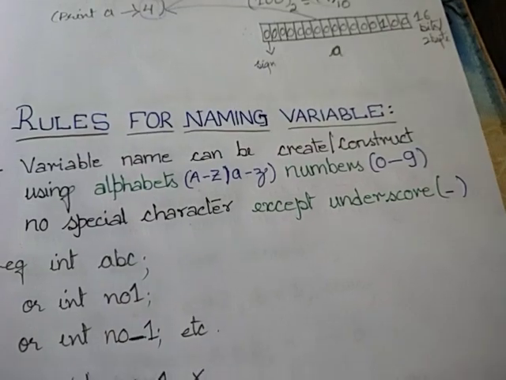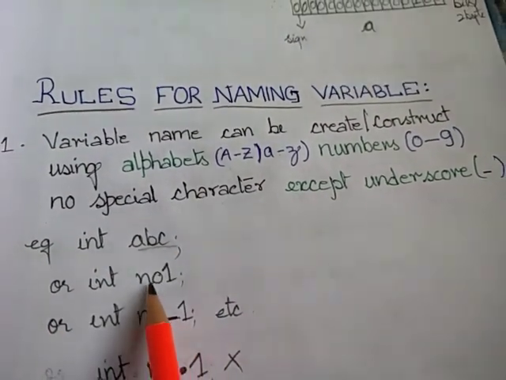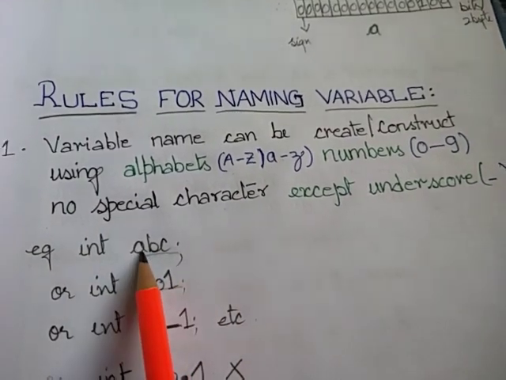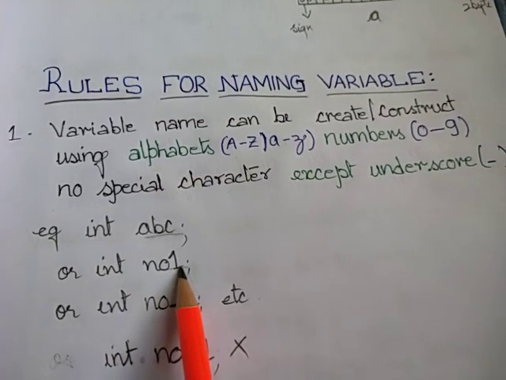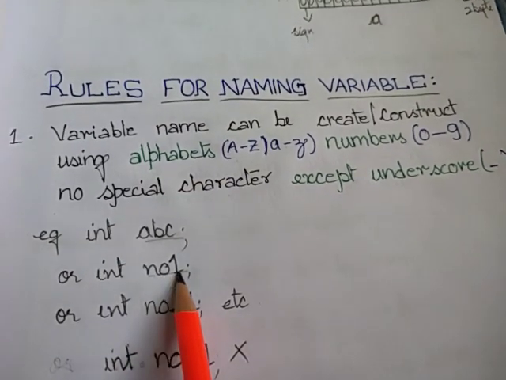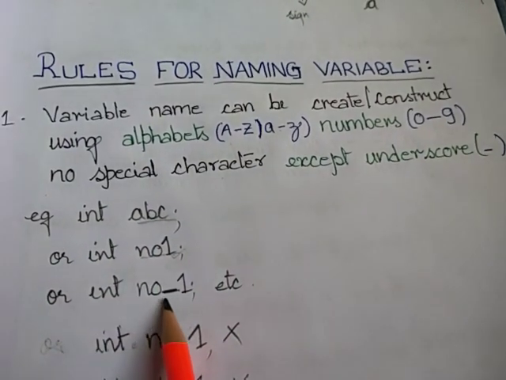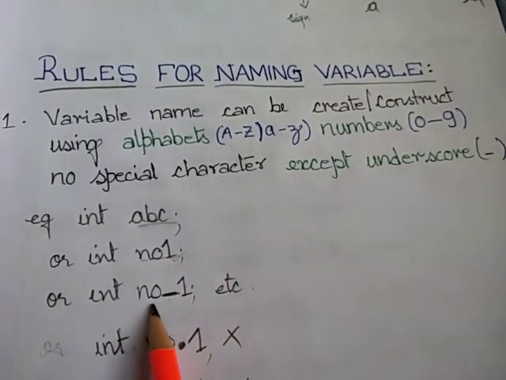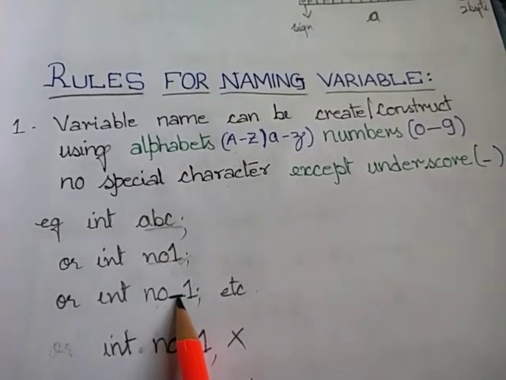So for example, we can give the name of the variable as ABC, NO1. Here ABC is alphabet, NO1 is alphanumeric, that means alphabet along with a numeric value. Or you can give NO underscore 1, that is alphanumeric and the underscore symbol.